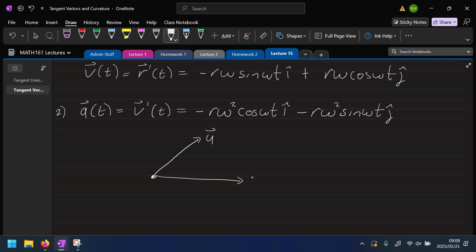Let's say U and V. We'll do the dot product between them. If we have this angle theta, we know that the dot product is U times V cos theta. If theta is pi over 2, then the dot product will be 0. Okay, so they'll be orthogonal.